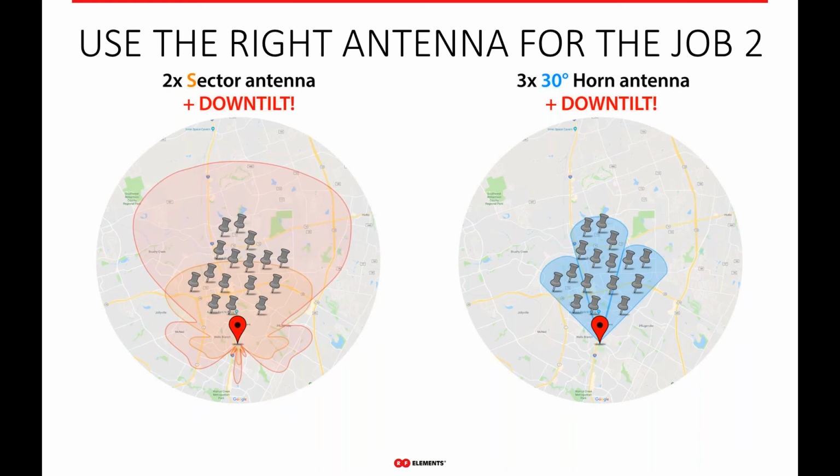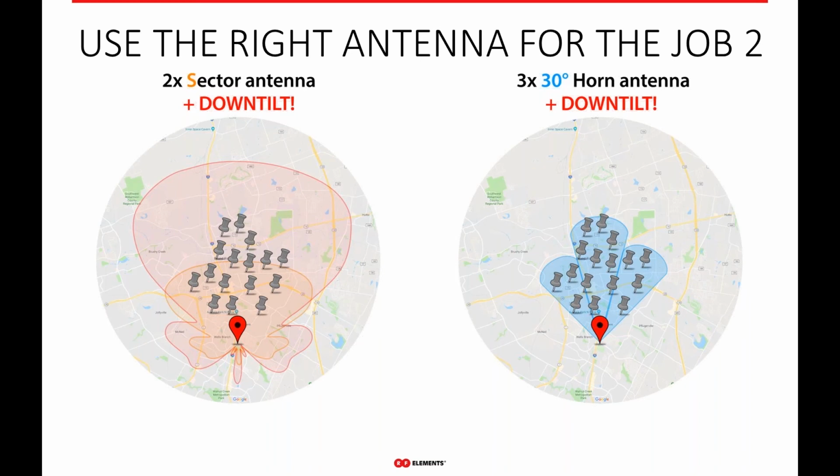The same thing goes for dealing with customers in very diverse topologies, right? Often you may have multiple sector antennas using different down tilts to cover further out customers versus closer in customers.